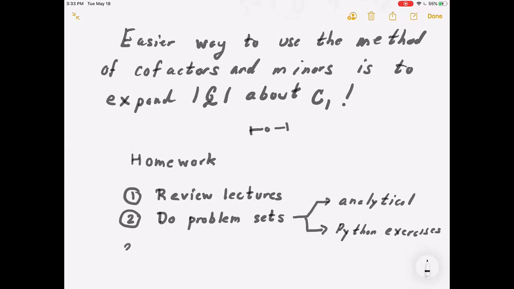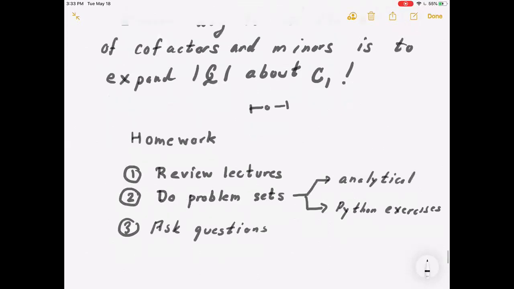The third thing I remind you is that you need to ask questions. So you have my email address, srichards22@comcast.net.